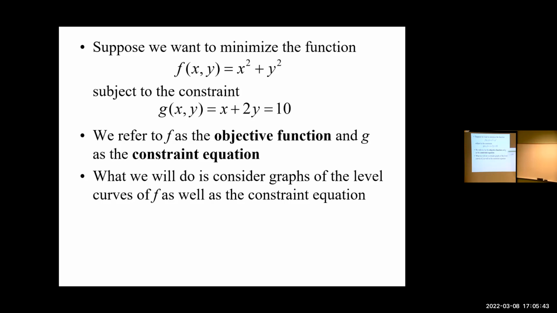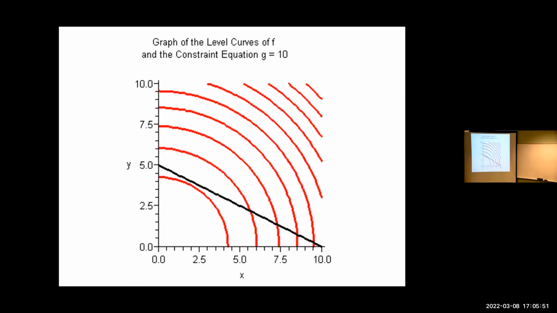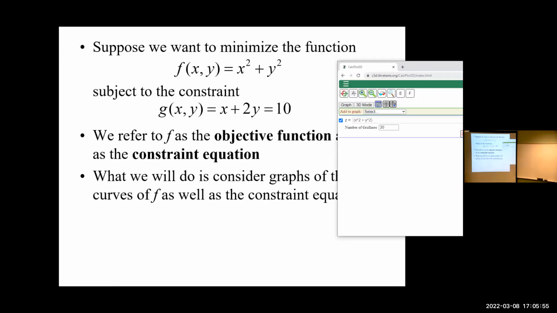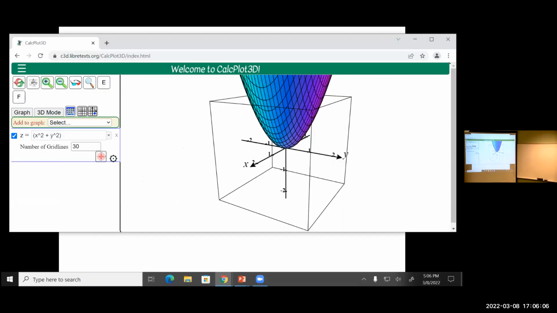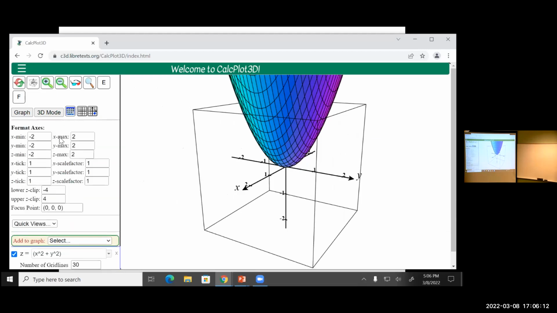So I'm going to do this in CalcPlot3D. I was hoping to already have this set up, so you're going to have to give me a minute. Whoops. The door was locked and now it's messed up too. Give me just a sec. All right. Okay, so there's our paraboloid. I'm going to need to adjust this. Give me just a sec.